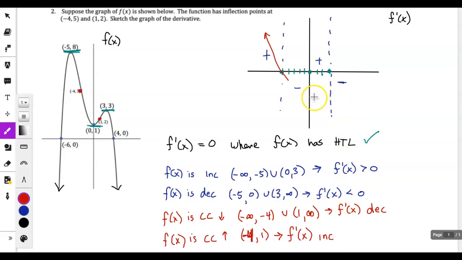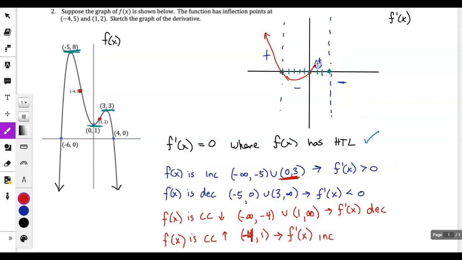I have to stay negative though. Right here, I have to stay negative until I get to 0, but I need to increase. So negative and increasing till I get to here. I have to keep increasing until I get to 1, but now I'm allowed to go over the x-axis because at 0, my derivative graph goes positive again.